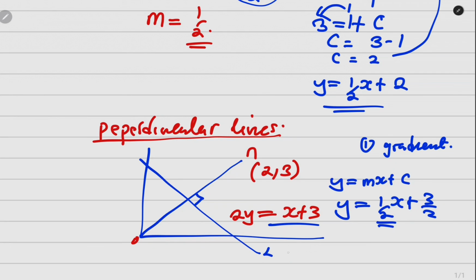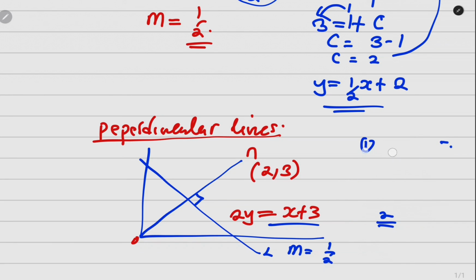But here, we are not going to use it directly as the gradient for the other line. When two lines are perpendicular, if we multiply their gradients, they give you -1. So gradient for line L multiplied by gradient for line N should give you -1.